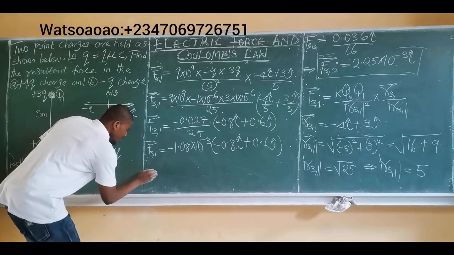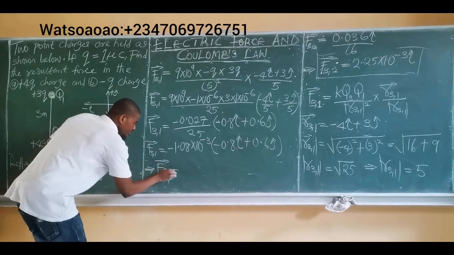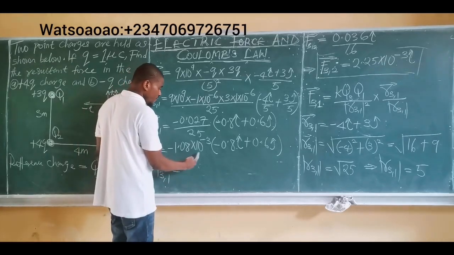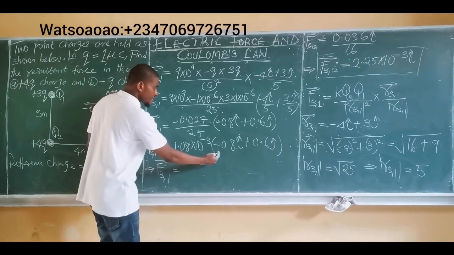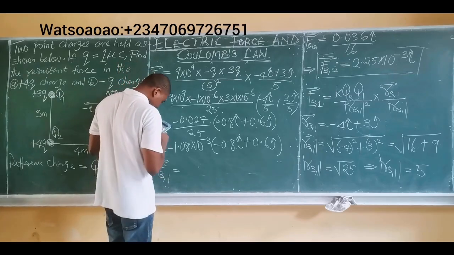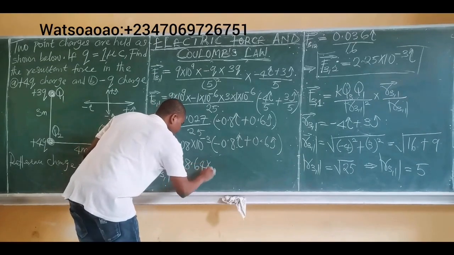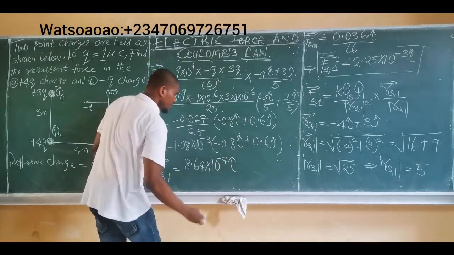So this simply implies that the force of attraction between charge 3 and 1 becomes now, let's multiply negative 1.08 by 10 to the power of negative 3 by negative 0.8. Observe that negative signs cancel out here and we have a positive value. That gives us 8.64 by 10 to the power of negative 4 in the I direction.